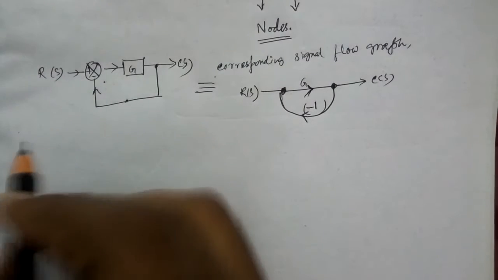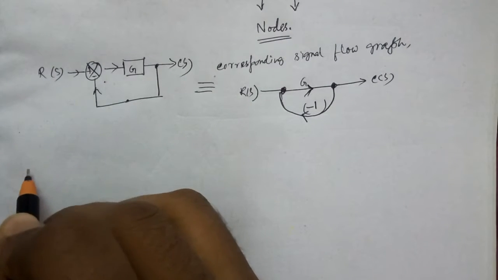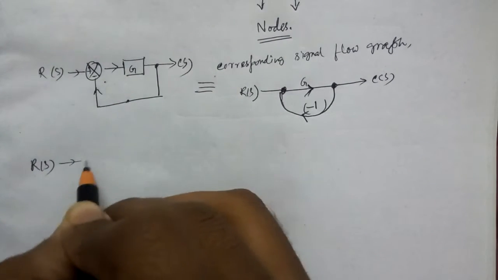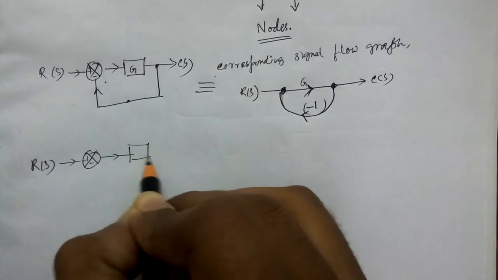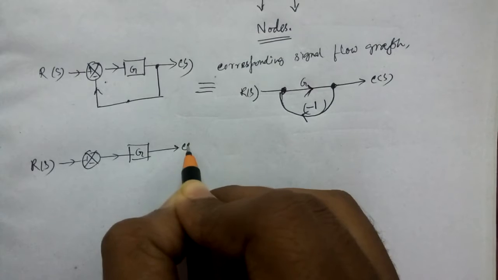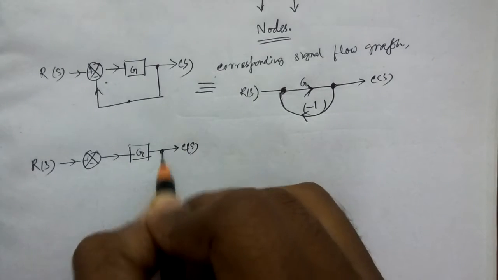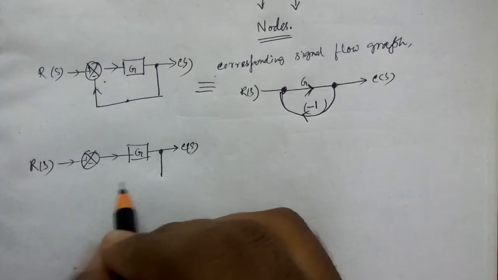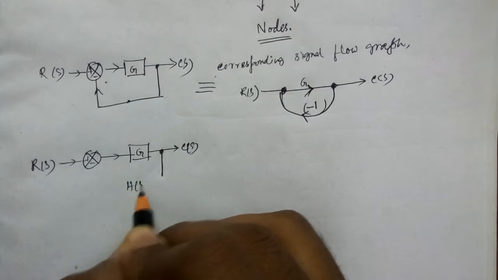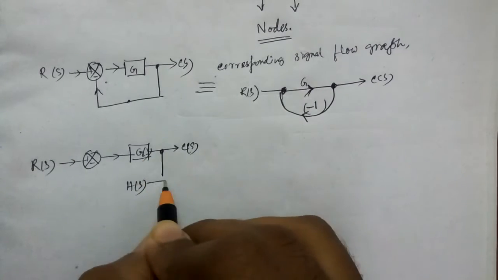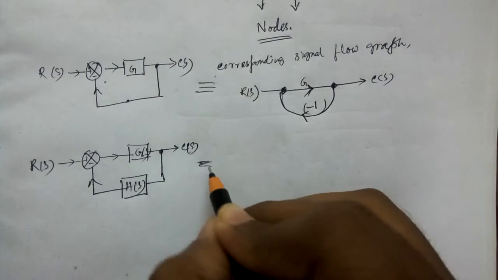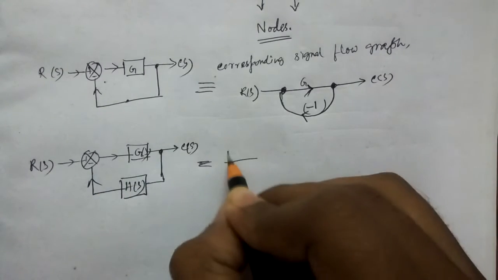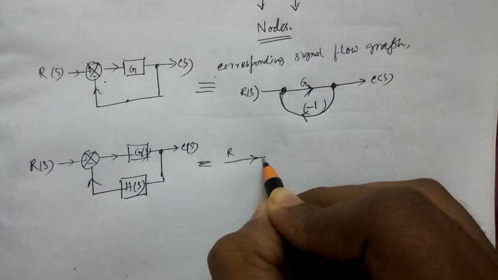Now let me take another example, and here I am just changing the value of feedback gain. As more you practice, it will be easier for you to understand. Here the value of feedback is H(s), hence the corresponding signal flow graph will look like this.